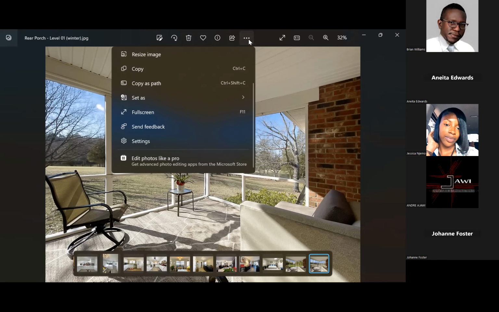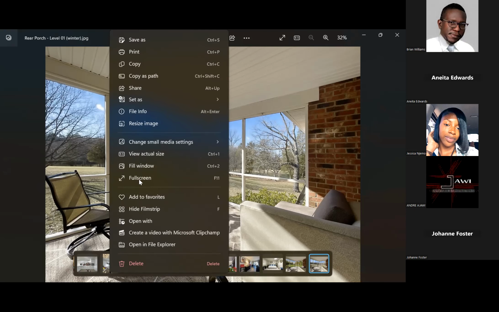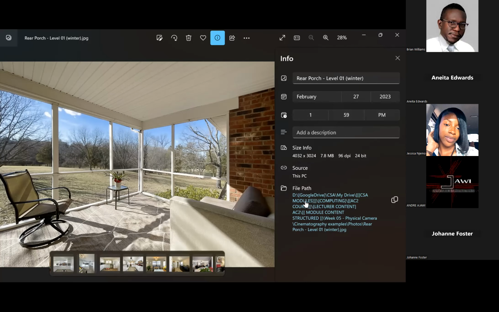If I don't remember what I used to take this picture, let's see if it saves the metadata. I would go to properties, file info. No, it doesn't tell me, because this was probably photoshopped a little bit, so maybe it overwrote the metadata.